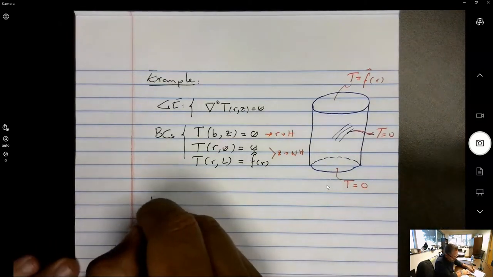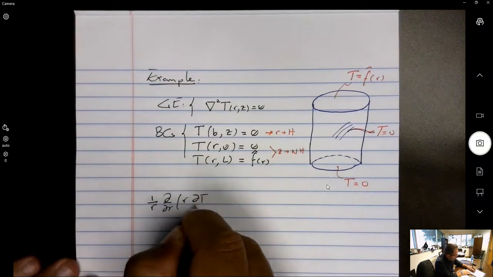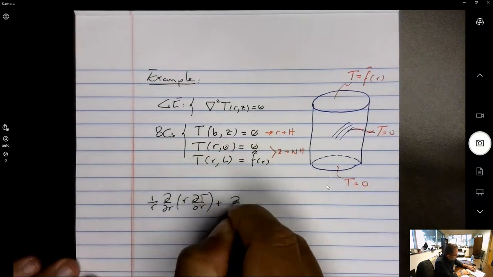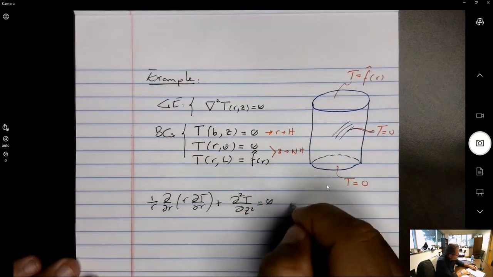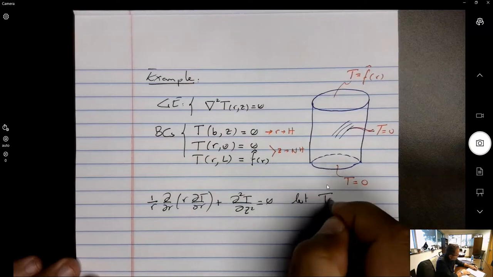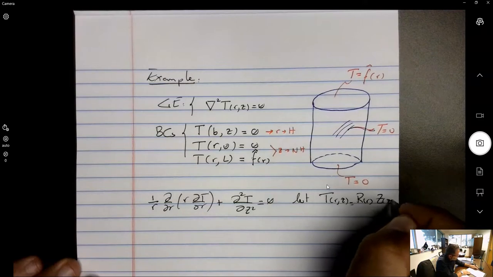Again, the equation is 1 over r d/dr of r dT/dr plus the second derivative of T with respect to z squared is equal to 0. And we're going to let T of r and z be equal to R of r times Z of z.